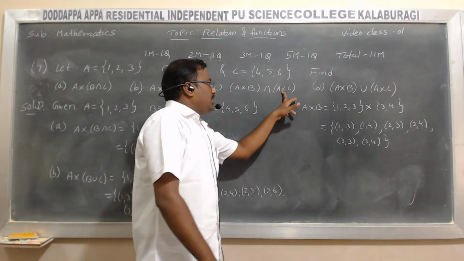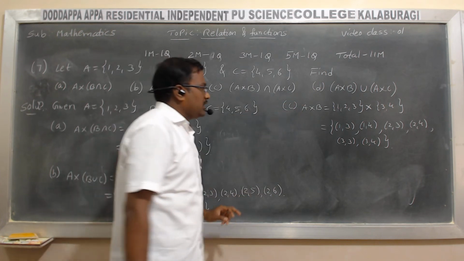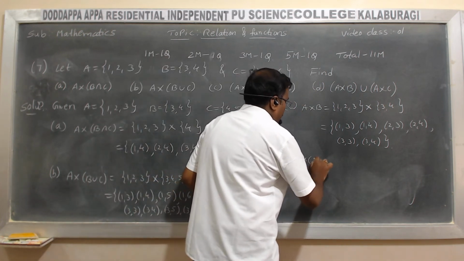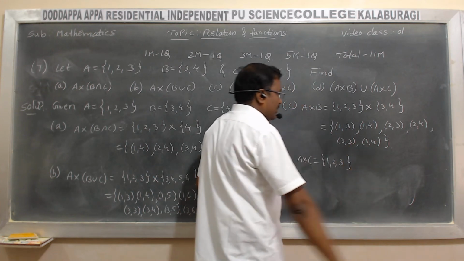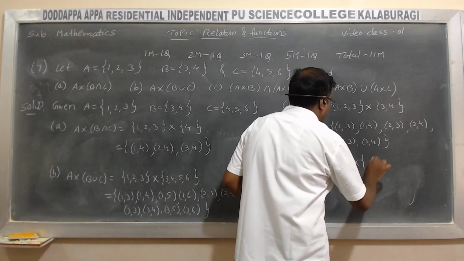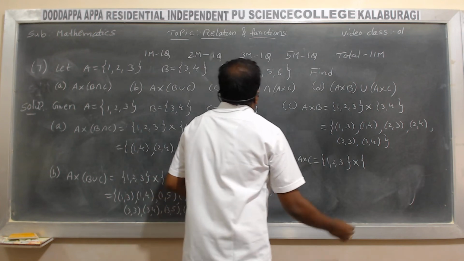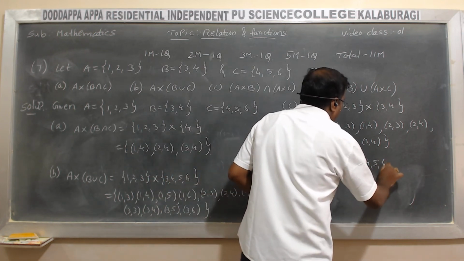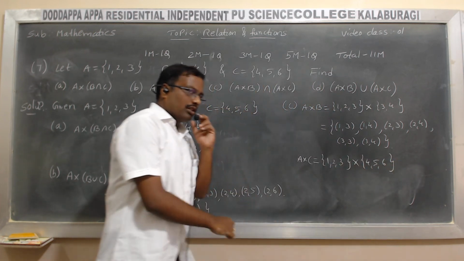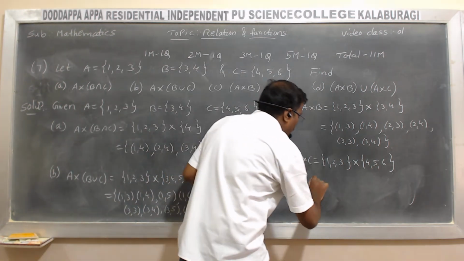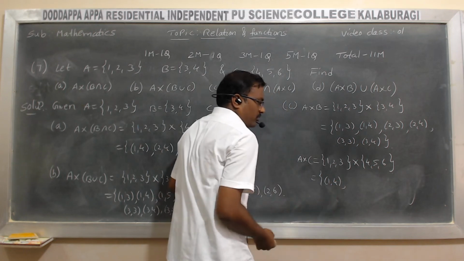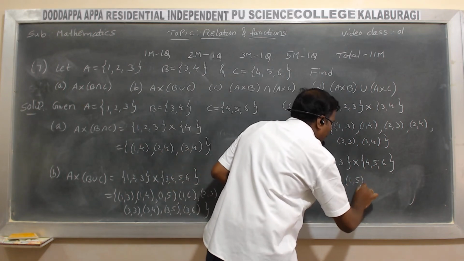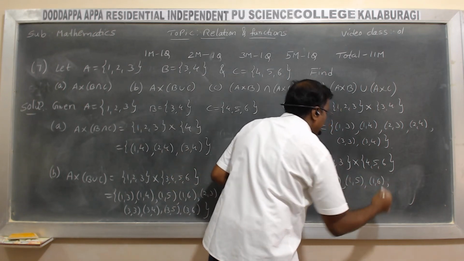So this is A cross B. Similarly, you can find another one, A cross C. So A cross C is equal to the A set {1, 2, 3} cross the C set {4, 5, 6}. You can find it by using the Cartesian product. We get (1, 4), (1, 5), (1, 6).